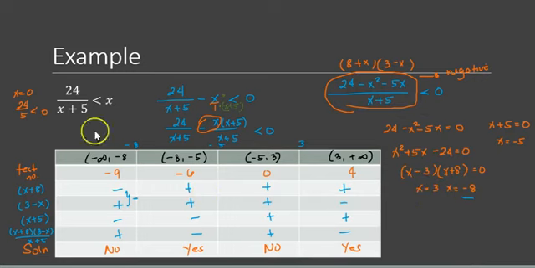So our solution is negative 8 to negative 5, union 3 to positive infinity. In the other notation, that's x greater than negative 8 and less than negative 5, union x greater than 3.